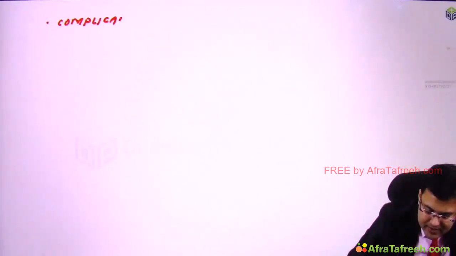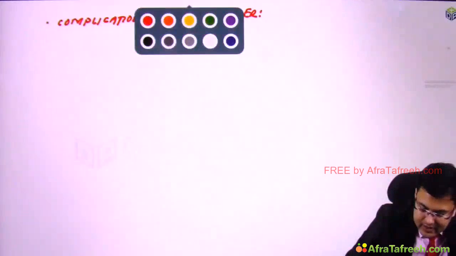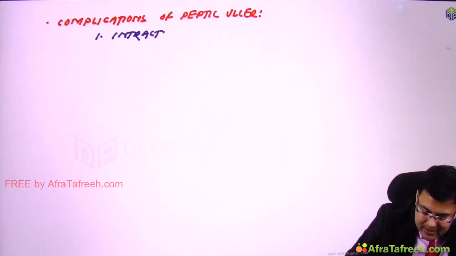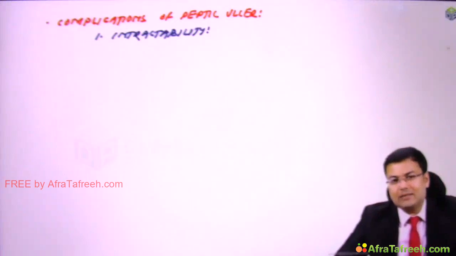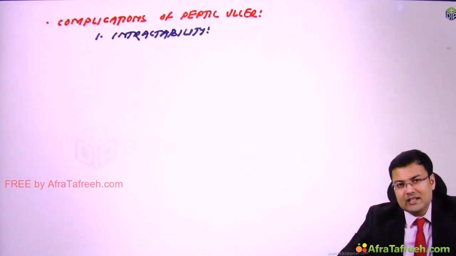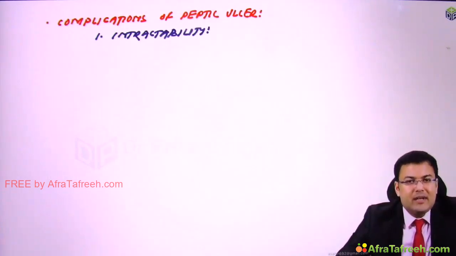Complications of peptic ulcer. First is intractability. Intractability means the ulcer is not healing after medical management. So the question is asked, what is the preferred treatment for intractable duodenal ulcer or chronic duodenal ulcer?